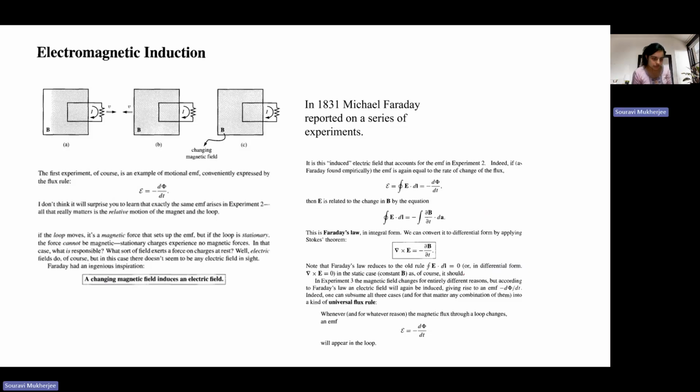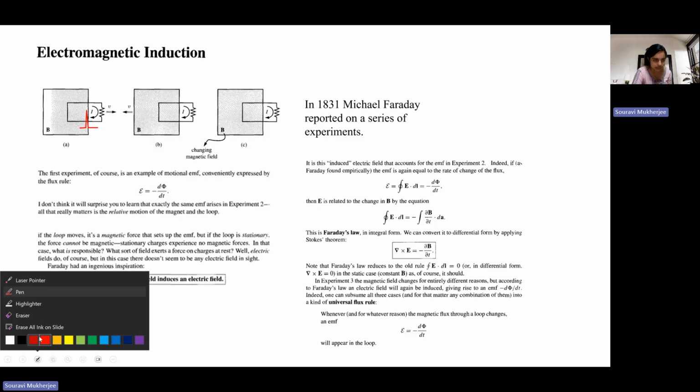So this led to all these interesting experiments that were reported by Faraday in around 1831. This series of experiments brought in the connection between electric fields and magnetic fields. The first experiment is something we already discussed just now: you have a region of magnetic field and you take this closed loop.